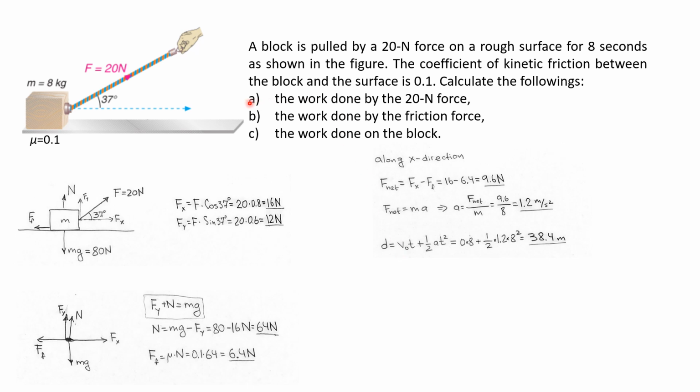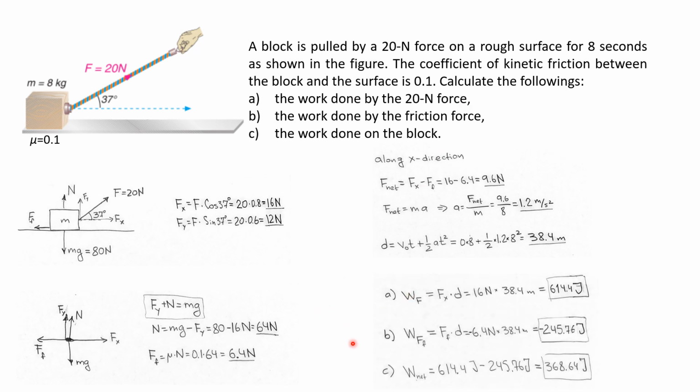So let's look at part A and calculate the work done by the 20 Newton force. Here I'm going to just put out solutions to all parts, but let's look at the work done by force F, W sub F. It's going to be the x component of the force times d, right?